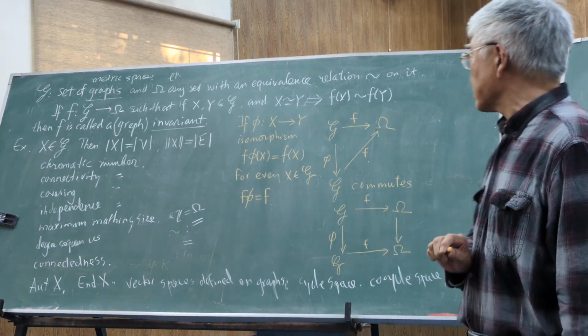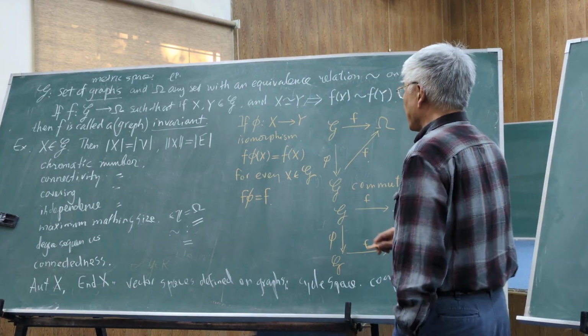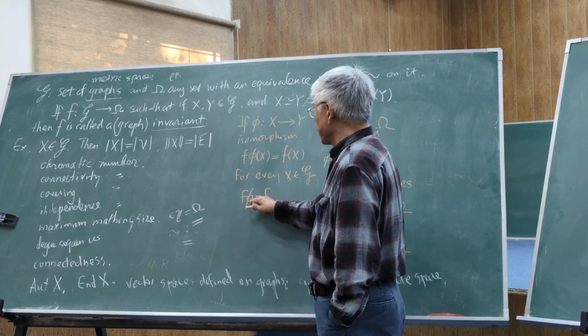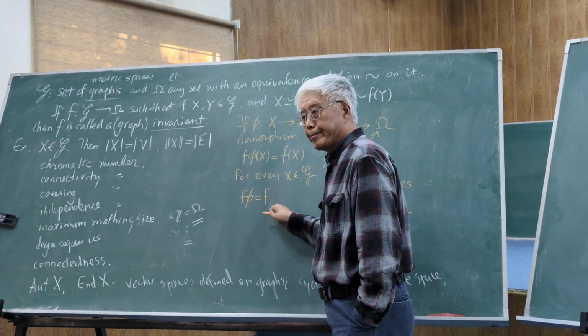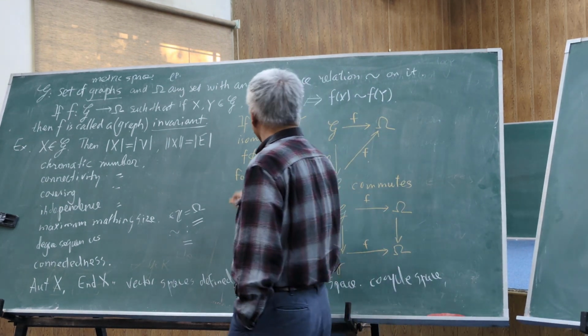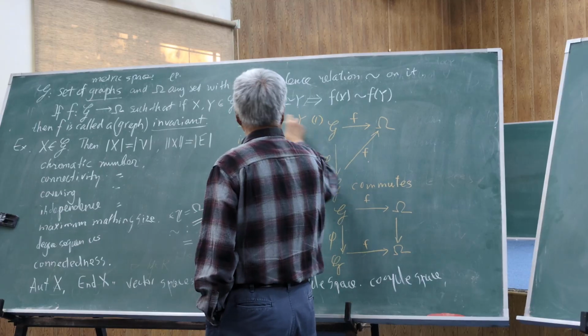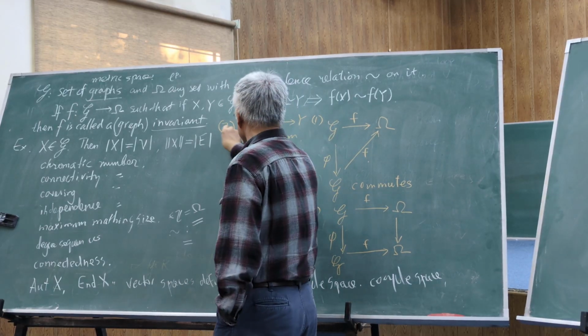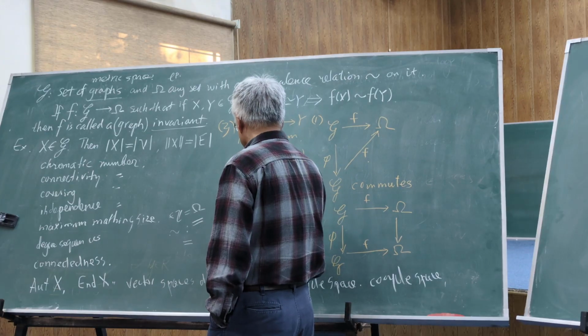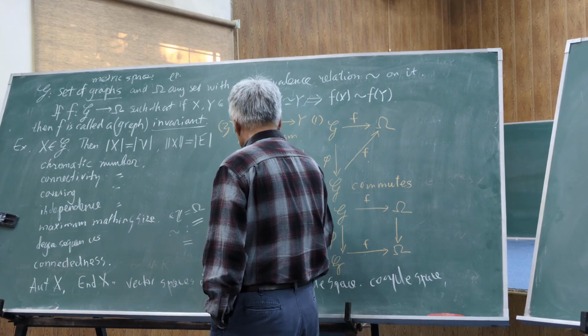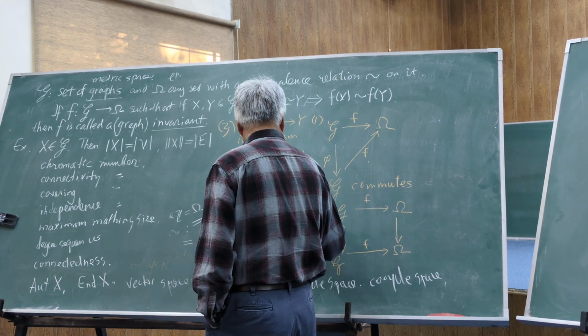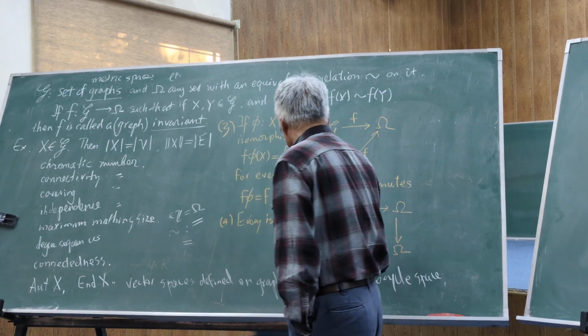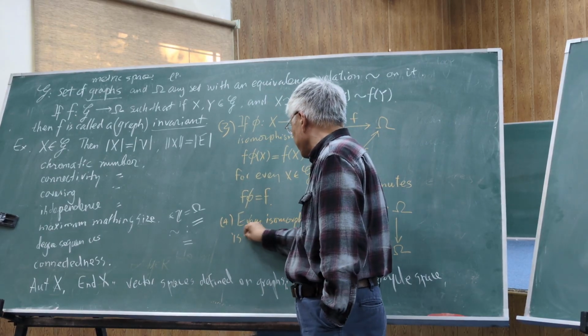Which means there's another name for it. Now, every automorphism is a right identity element. Every isomorphism is a right identity.